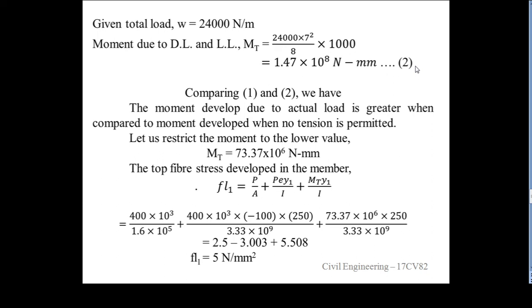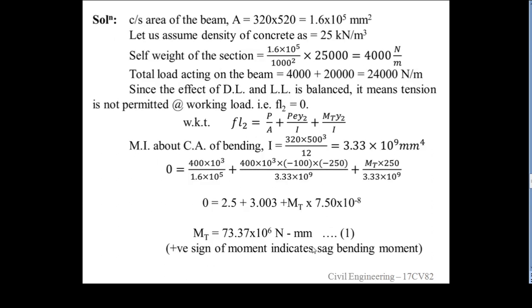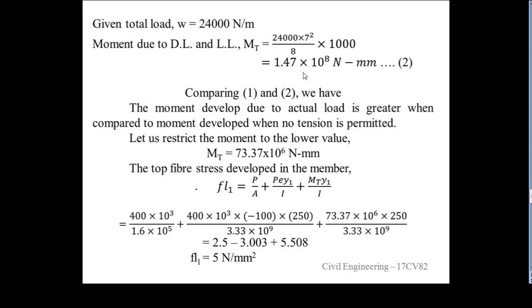This leads to the total moment. Then compare 1 and 2. Comparing 1, this is 73 into 10 raised to 6. Here it is 1.47 into 10 raised to 8 Newton mm. We see that the moment developed due to actual load is greater than the moment developed when no tension is permitted.